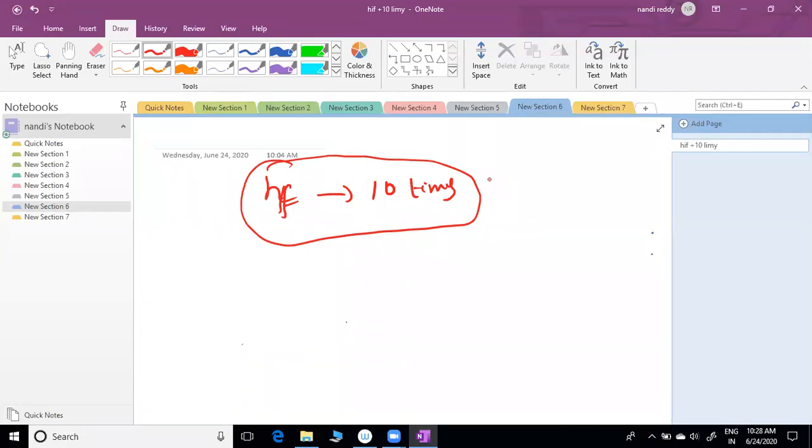But based on your answers, that number is going to change. If you didn't give a proper explanation, you will get 20 to 30 times also. If you give proper answers, you may get less than 10 times also. But the punishment won't change. That is fixed. Okay, please, we can solve one more question.